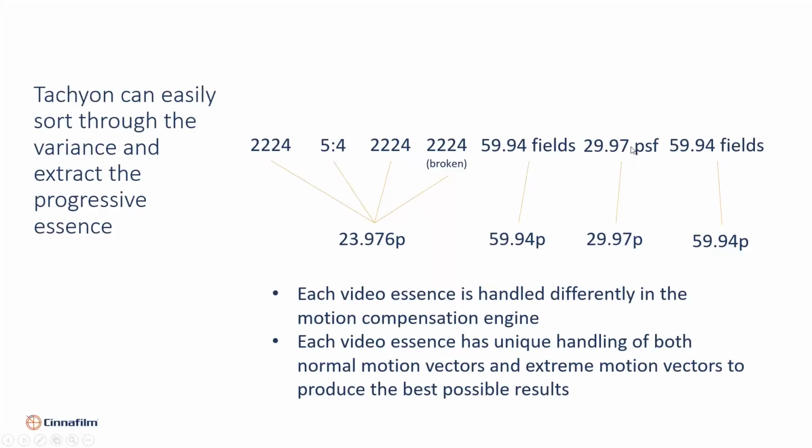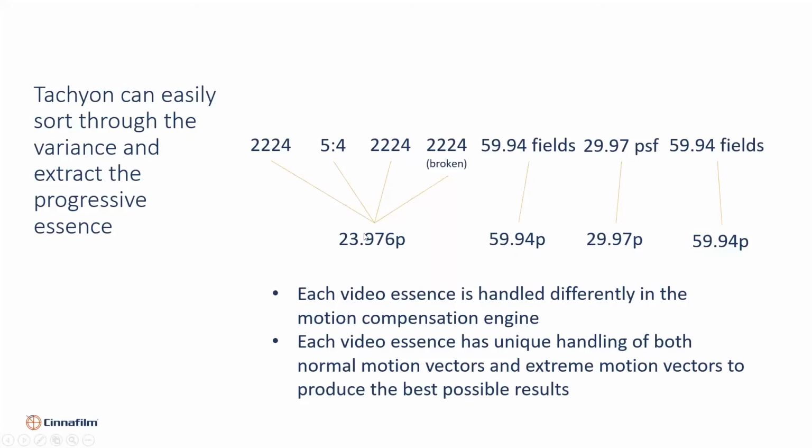The 29.97 PSF, well, that's just 29.97p. Recognize it, bring it in. And then 59.94 fields, again, is going to be converted to 59.94 progressive images. Each one of these video essences is going to be handled differently in the motion compensation engine of Tachyon. It has to be. There's less motion here than there is here. The more motion data I have, the more I can do with the image.